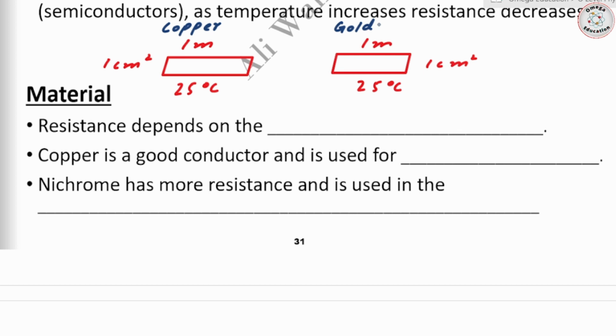So for instance, gold is such a good conductor, its resistance is much less compared to copper. So resistance depends on the material of the wire as well.